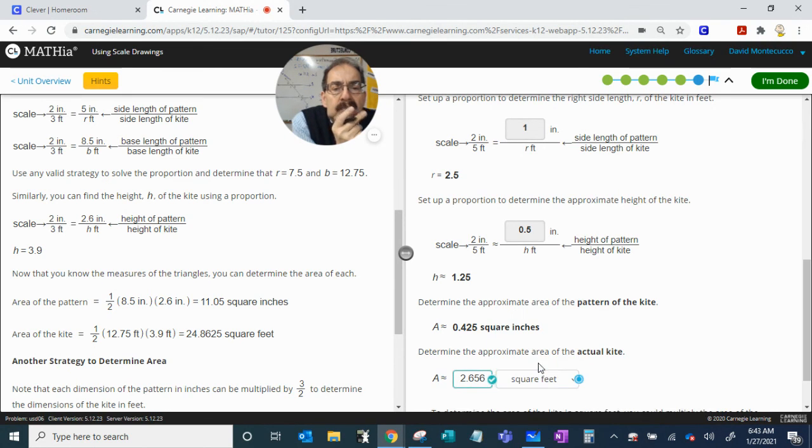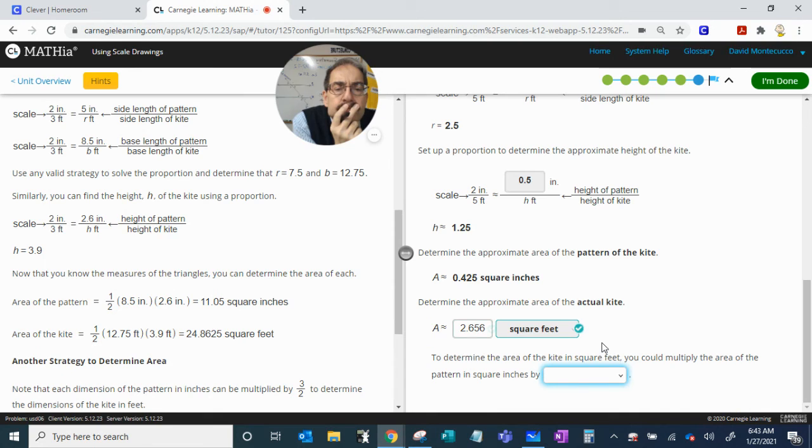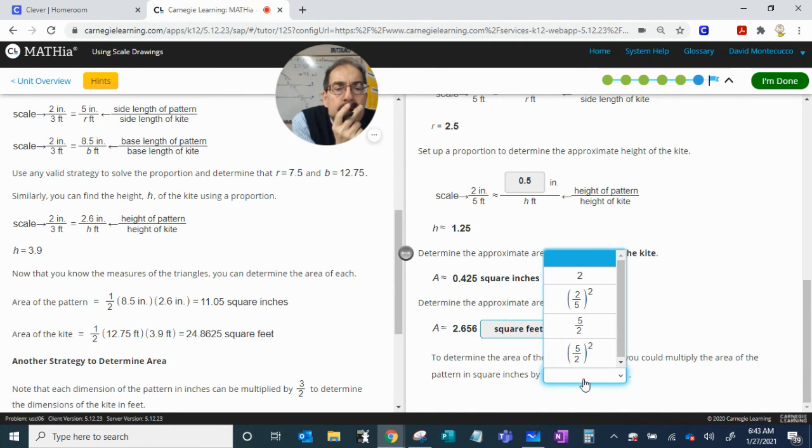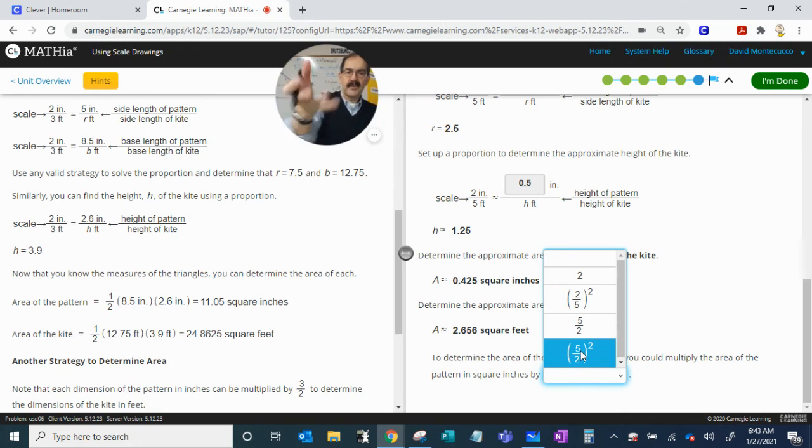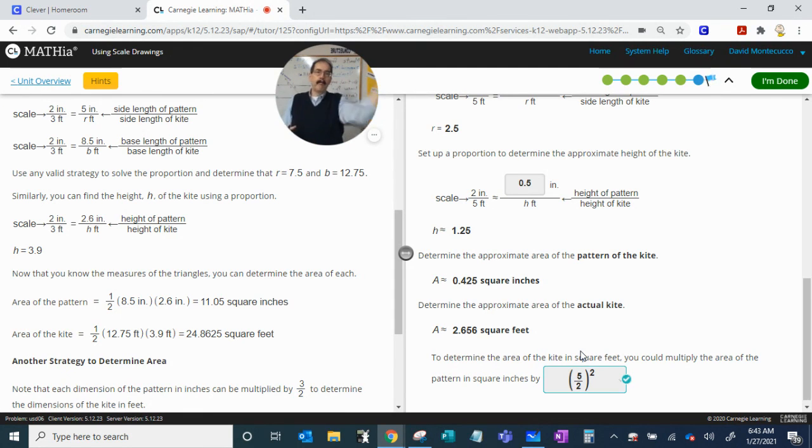That's going to be square feet. The area of the pattern by the inverse of the ratio. You got to flip it because we're going bigger.